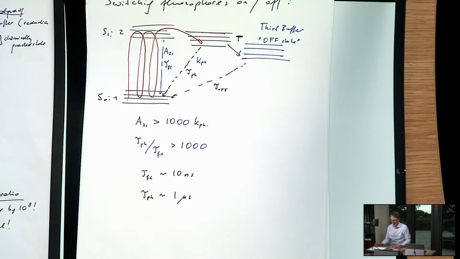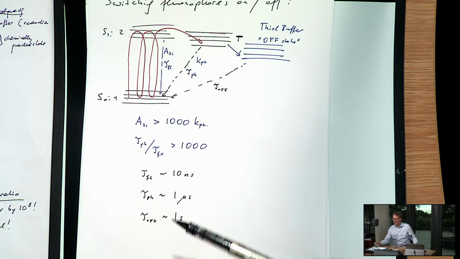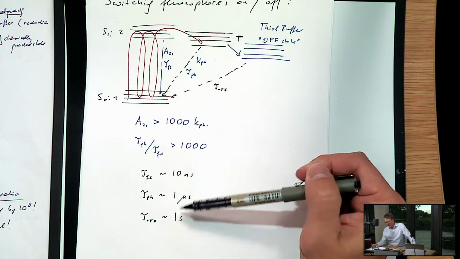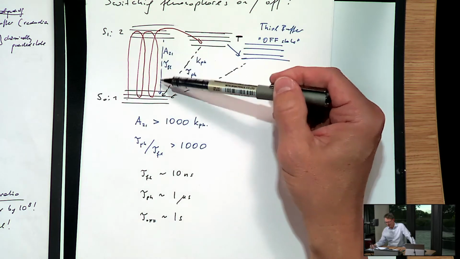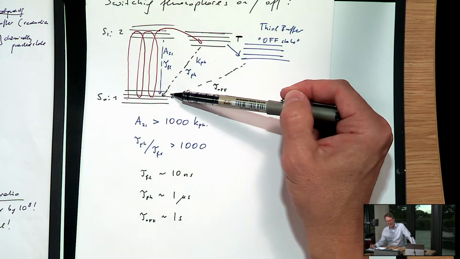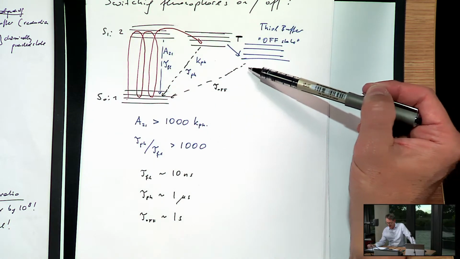But this off lifetime is of the order of 1 second. So we have a difference now of 10 to the 8 between this rate compared to this rate. So that really will mean that most of the molecules are dark.